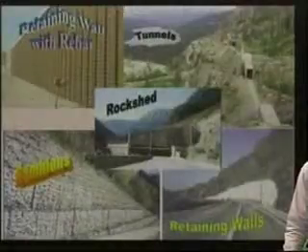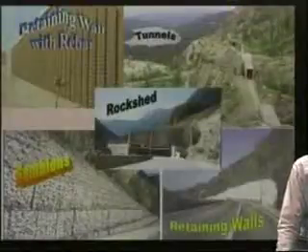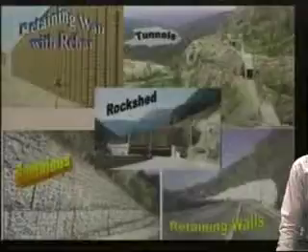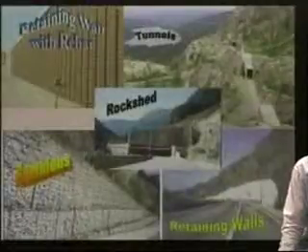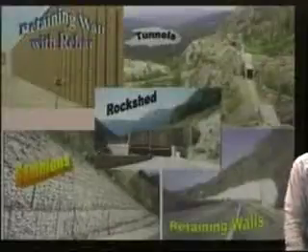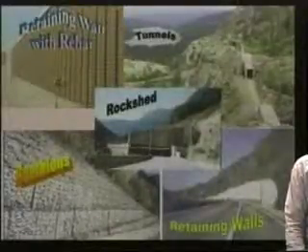So here's some more. Retaining walls, tunnels, rock sheds over highways to let the slides come down and go right over, whether it's a snow shed or a rock shed. Retaining walls of different styles. The one on the lower left has a really wild name, gabions. G-A-B-I-O-N-S, gabions.